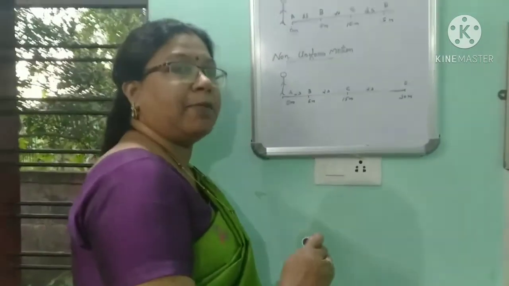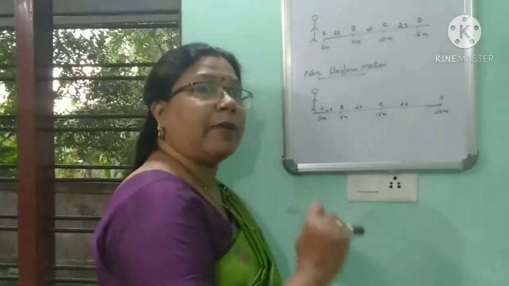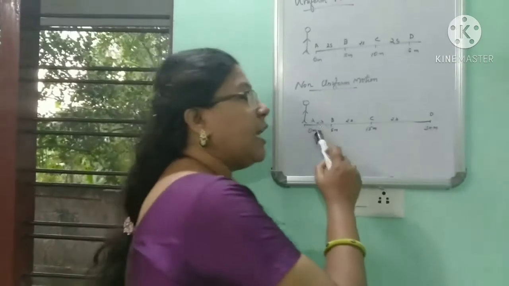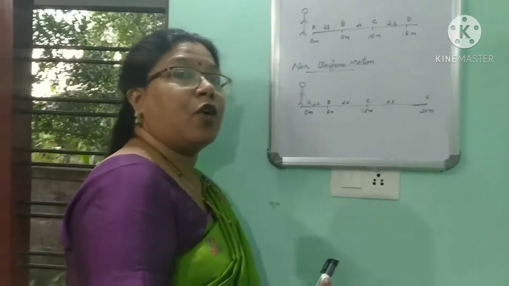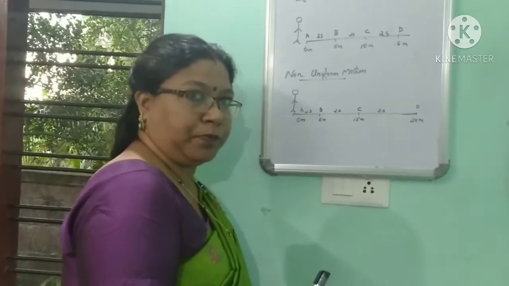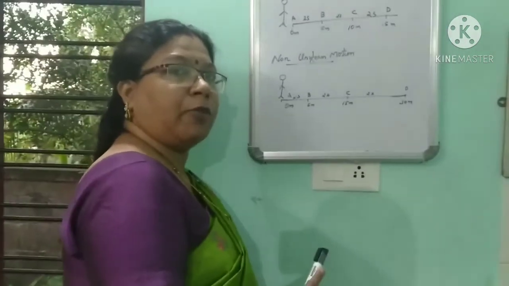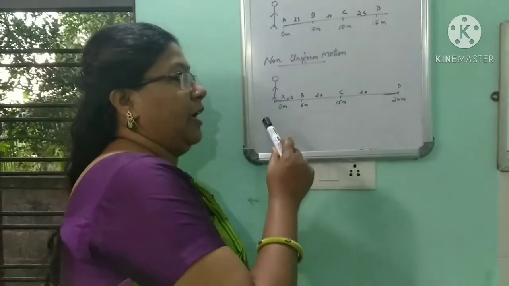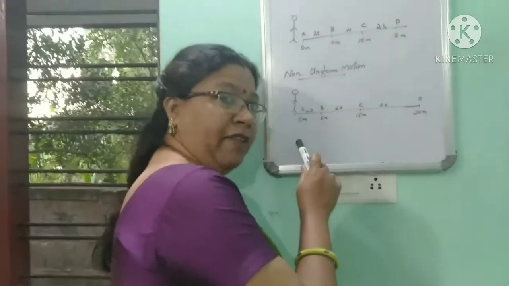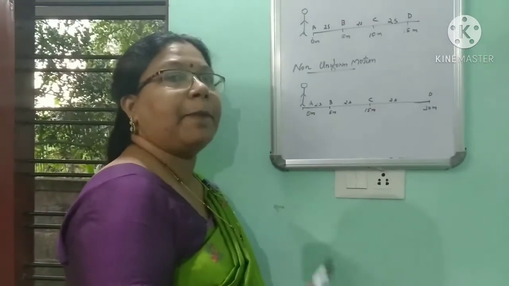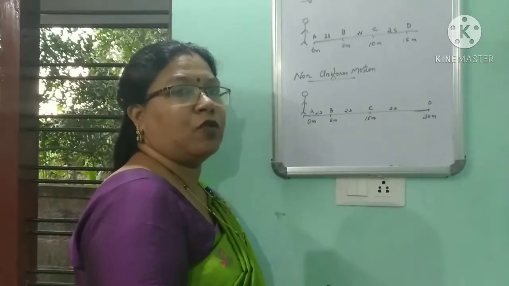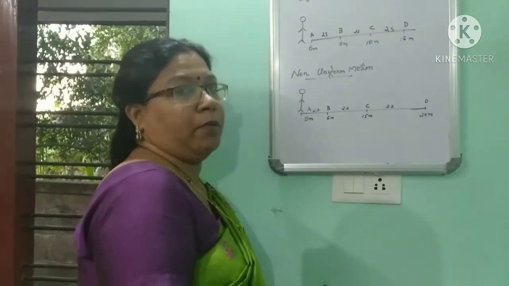So such a motion in which in equal intervals of time, unequal distances are covered is known as non-uniform motion. Or non-uniform motion means if a body travels unequal distances in equal intervals of time, then that type of motion is known as non-uniform motion.